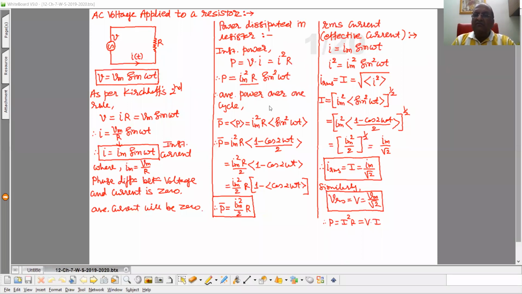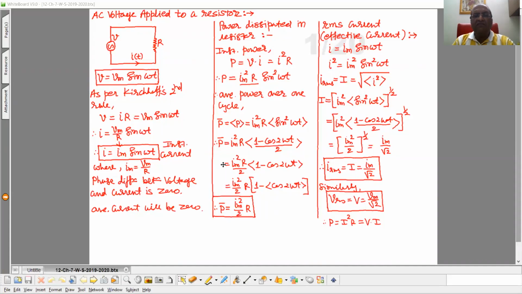Average power over one cycle is the average of this. Im square R is constant, so we have to take the average of sin square omega t. So average power is Im square R into sin square omega t, which is 1 minus cos 2 omega t by 2.